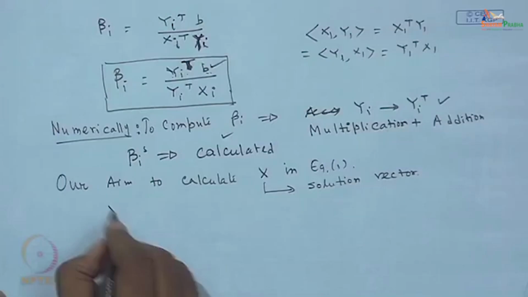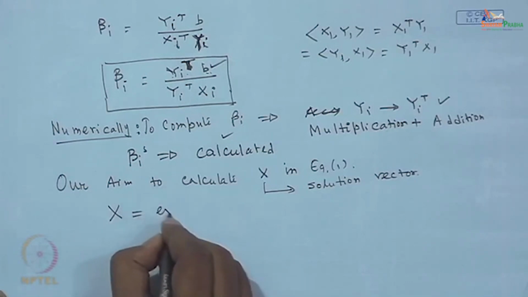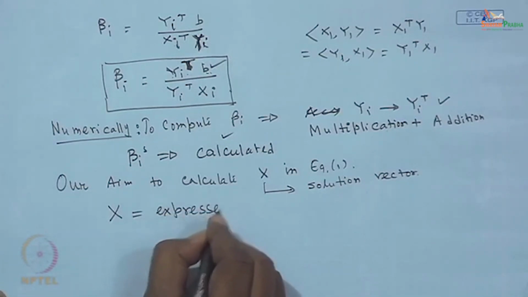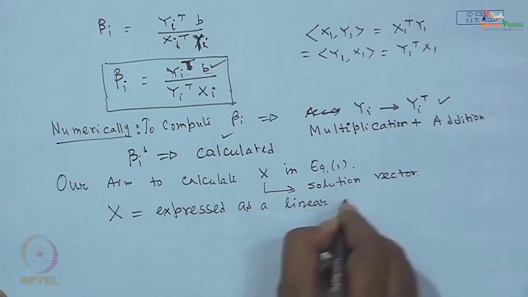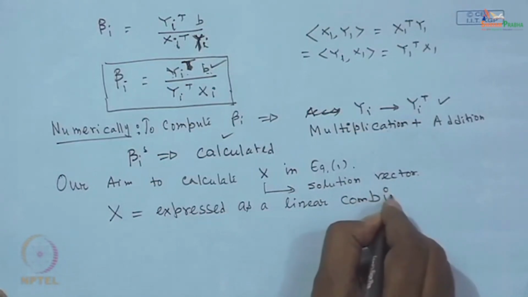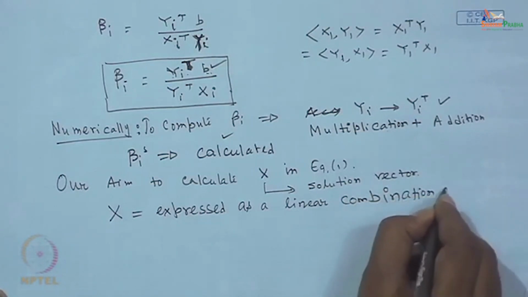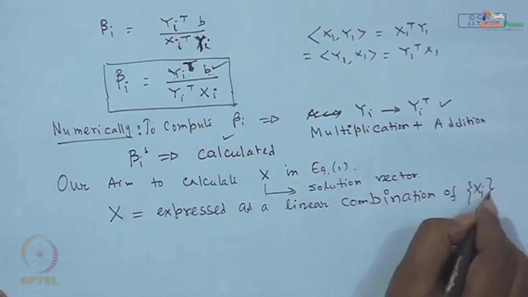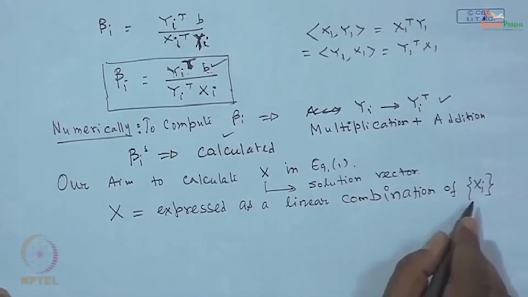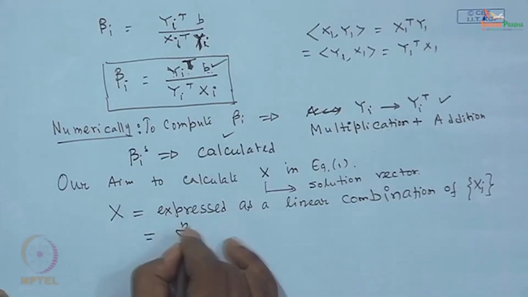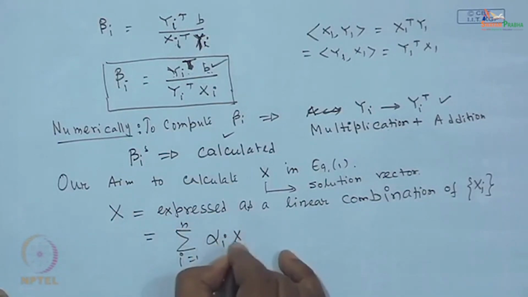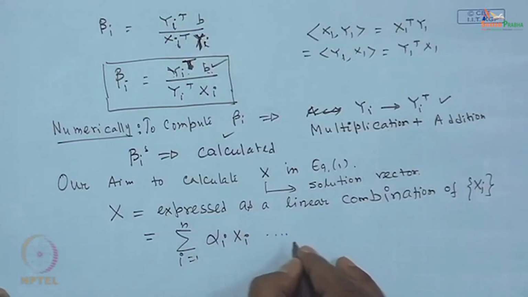Therefore, x can be expressed as a linear combination of basis set vectors, which are nothing but the eigenvectors of matrix A. So we can write x as the summation over i equals 1 to n of alpha i x i, and this is one more equation.